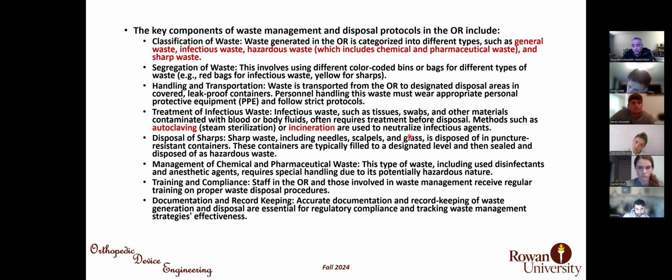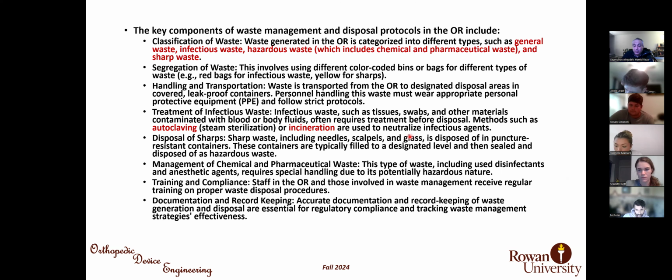Each type of waste in the operating room must be handled separately. For example, blood and infected waste should be handled in a bag with a specific color. All the waste from the operating room must be disposed of in a specific area and in a specific way. It cannot be left by the road to be picked up by a general system.